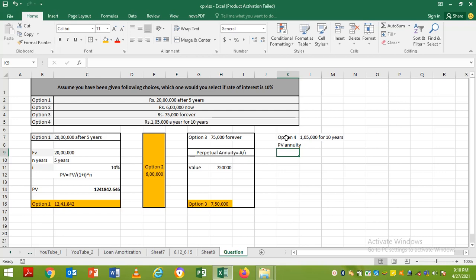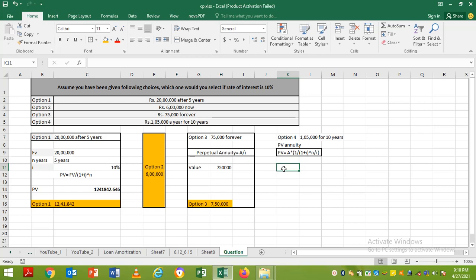The formula for present value annuity is the annuity multiplied by 1 minus 1 divided by 1 plus rate of interest power n number of years, whole divided by rate of interest. If we apply this formula, we can get the present value.